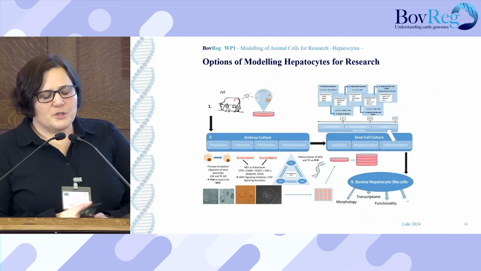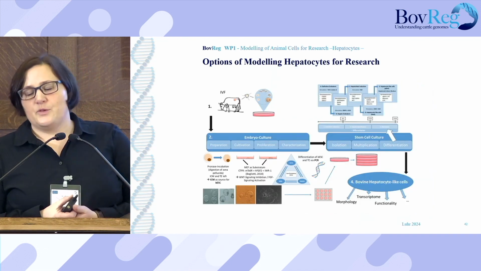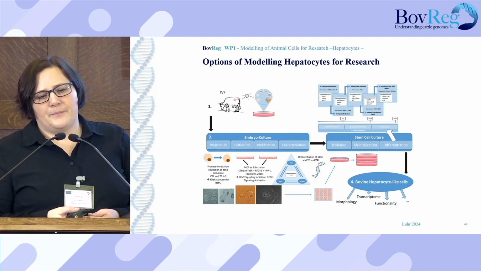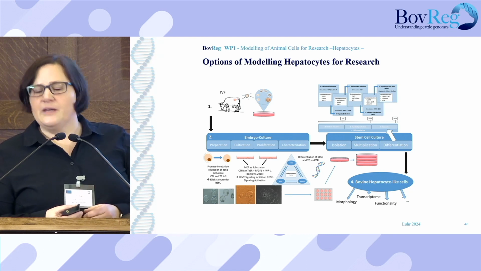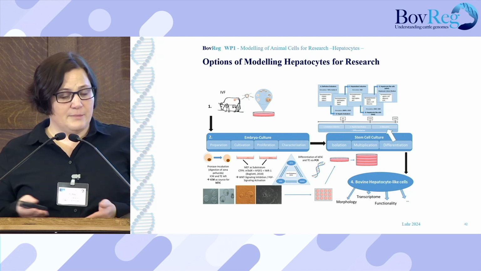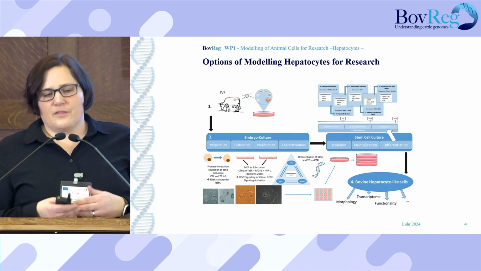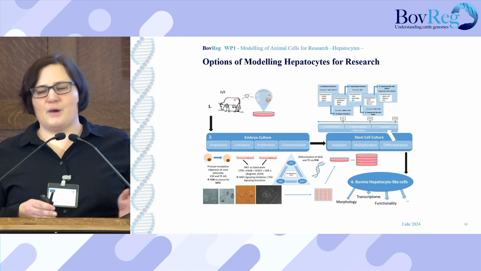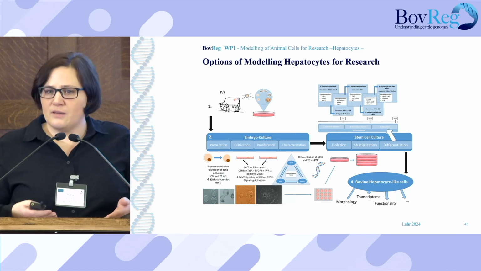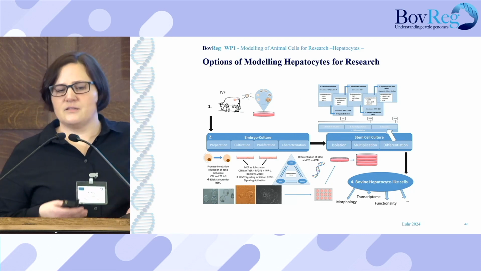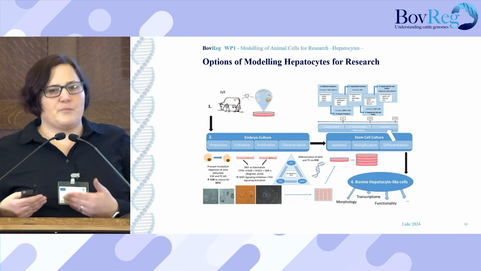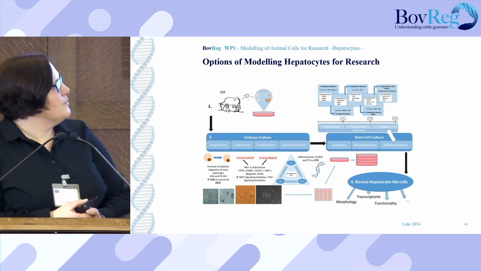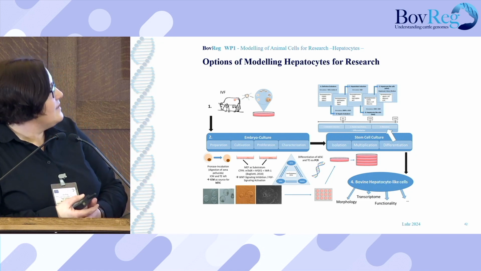And another option we are currently working on is using embryonic or induced pluripotent stem cells. So what we can do there is we can culture the embryonic stem cells on feeder cells. They grow, and then you put different factors afterwards to these cells to mimic embryogenesis and induce the embryogenesis and later on get hepatic or bovine hepatocyte-like cells.